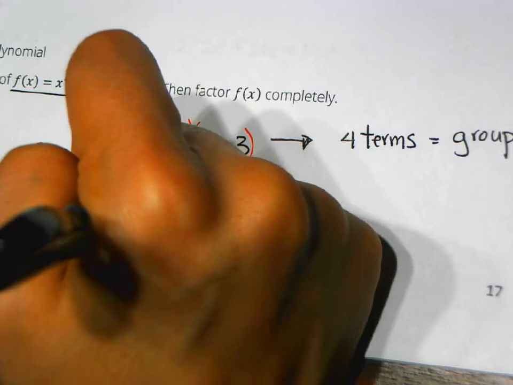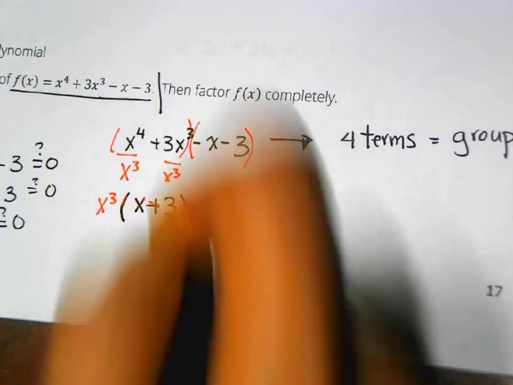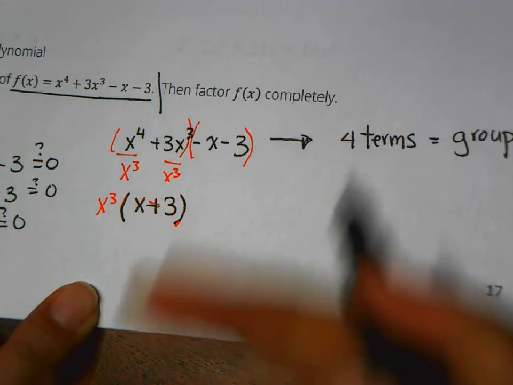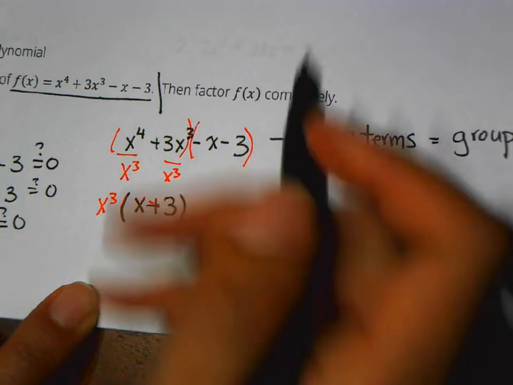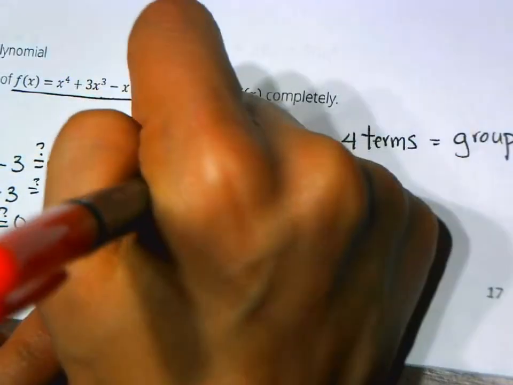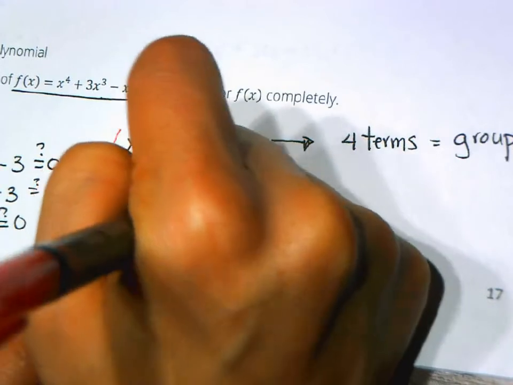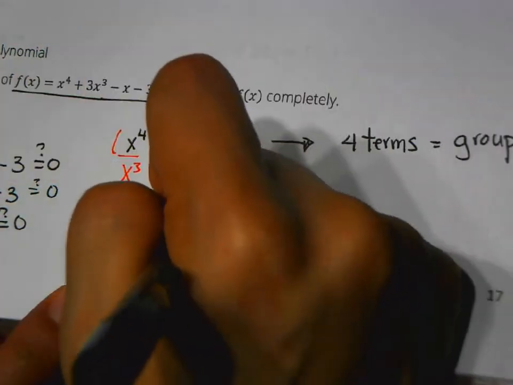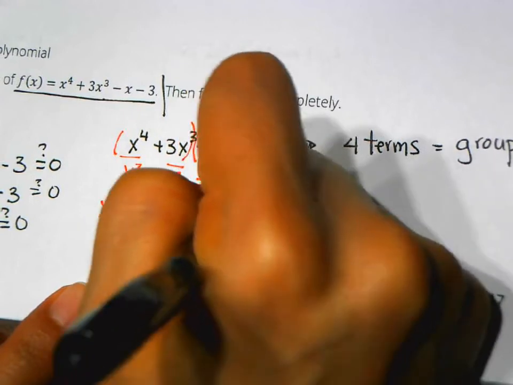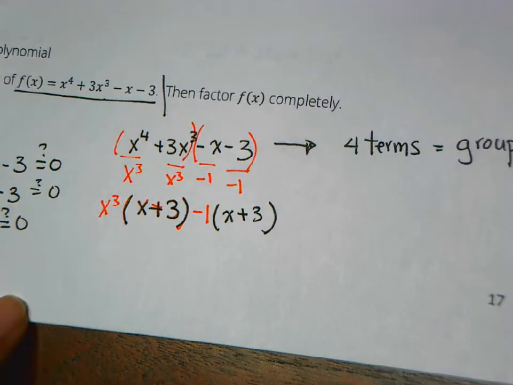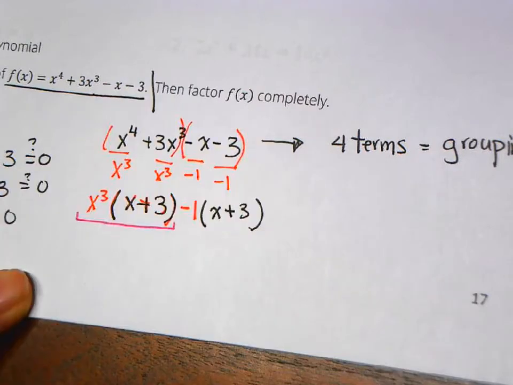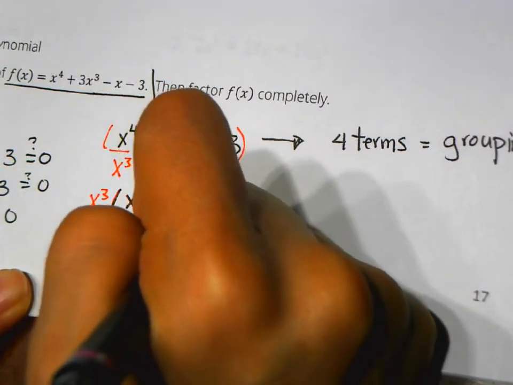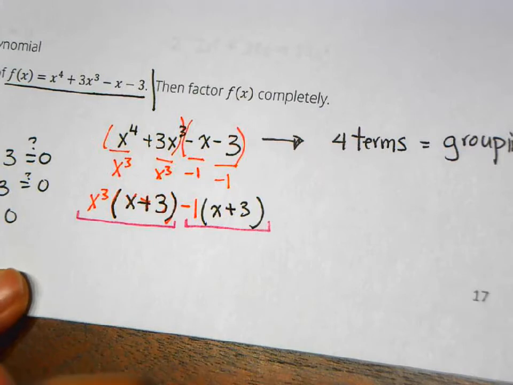For the second group, I have no greatest common factor when it comes to numbers, but I notice that it started with a negative. So I'm going to factor out a negative 1, which gives me minus 1 times x plus 3. Now looking at these 2 terms, the first is x cubed times x plus 3, and the second is minus 1 times x plus 3.